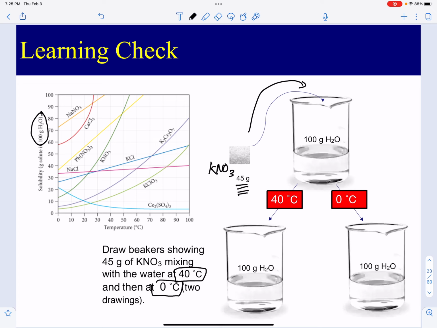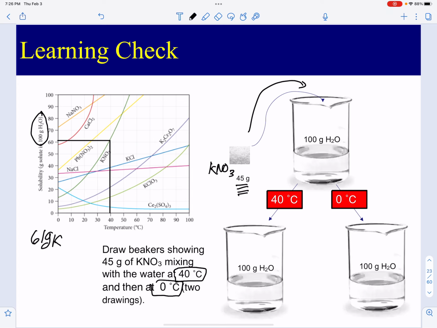So at 40 degrees Celsius, how do we use that? Well, we go to the graph. At 40 degrees Celsius, we're going to see what happens with the solubility of potassium nitrate. It's going to be around 61 grams.